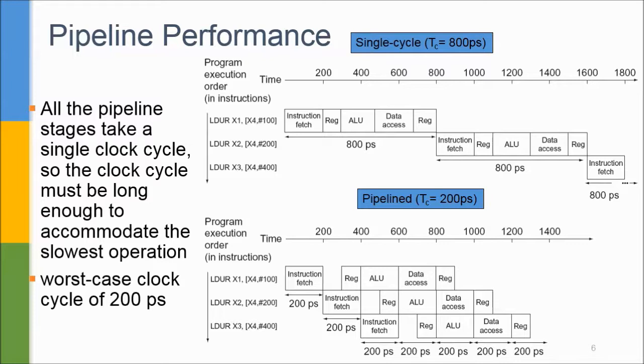The pipeline execution clock cycle must have the worst case clock cycle of 200 picoseconds, even though some stages take only 100 picoseconds. Pipelining still offers a four-fold performance improvement, so the time between the execution of these three load instructions is 3 multiplied by 200 picoseconds, or a total of 600 picoseconds.